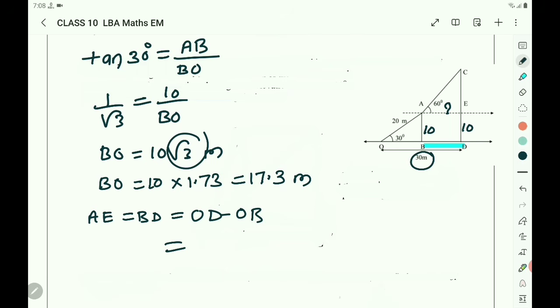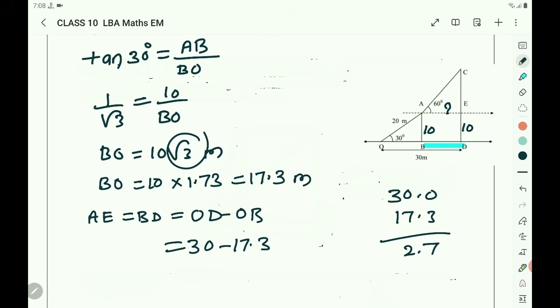Given, that is 30 meter. 30 minus BO, which is 17.3. Right, 30 minus 17.3. 10 minus 3 is 7. Here 9 is remaining. 9 minus 7 is 2. And here 2 is remaining. 2 minus 1 is 1. So BD, or AE, is 12.7 meter.